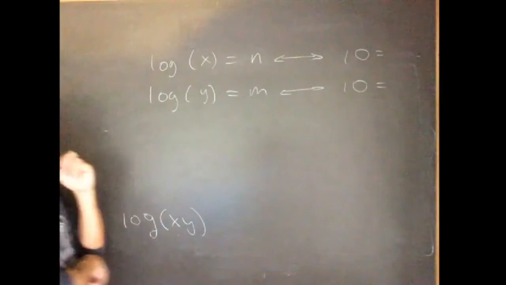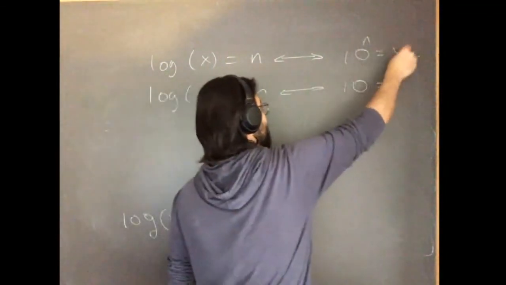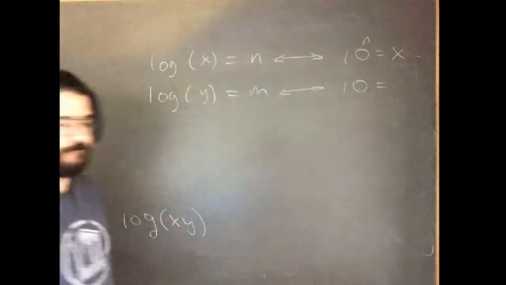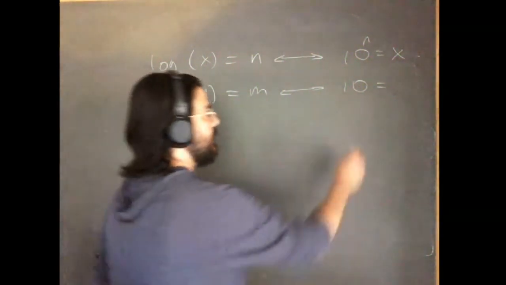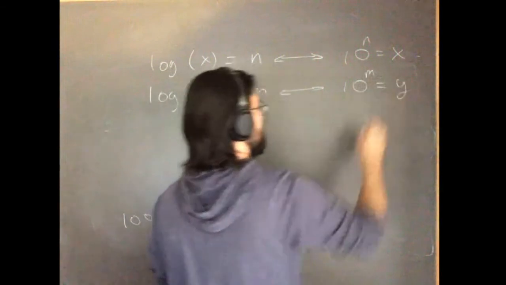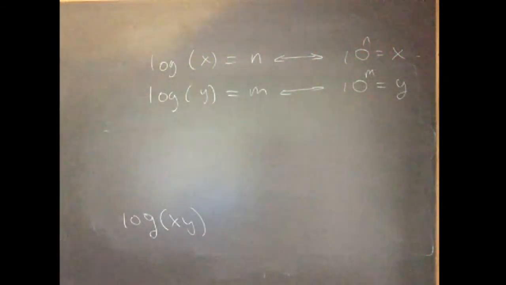Okay, let me give you a little bit of a hint. The exponent here is n. The output is x. What do we get for this one? Yeah, and the second one, the only difference is that we get m, right? So this is 10 to the n is equal to y.